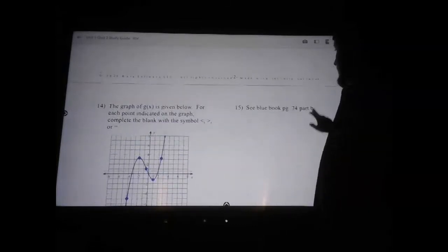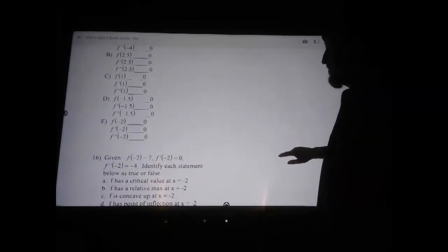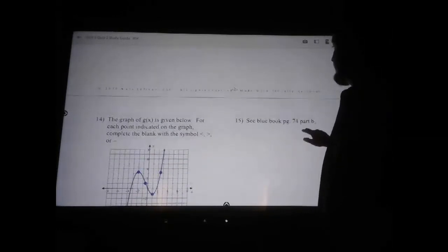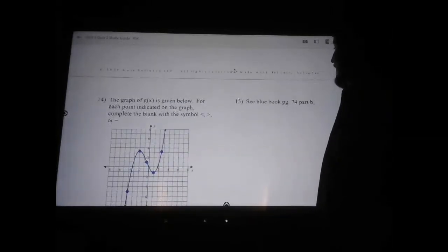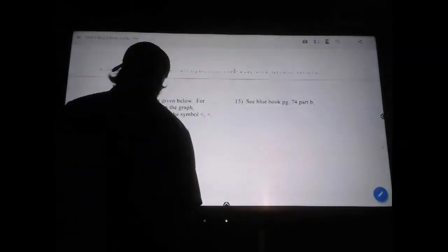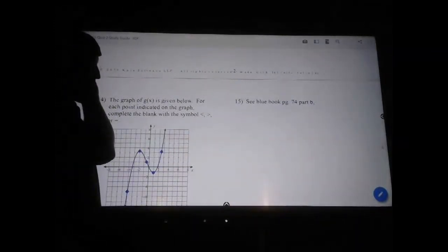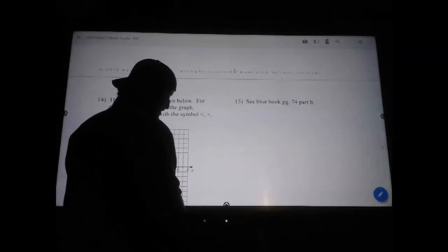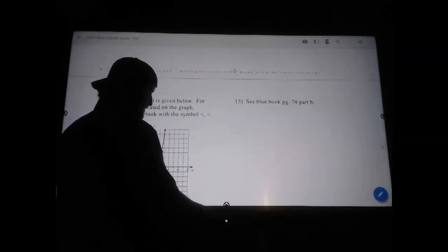All right. Let's go ahead and jump on into number, I'm going to skip 15 for now. I guess I could do it. Now, I'm not going to open up the blue book. It's a bit of a hassle, but I know what the question is. So it's something like they give you a chart, right?